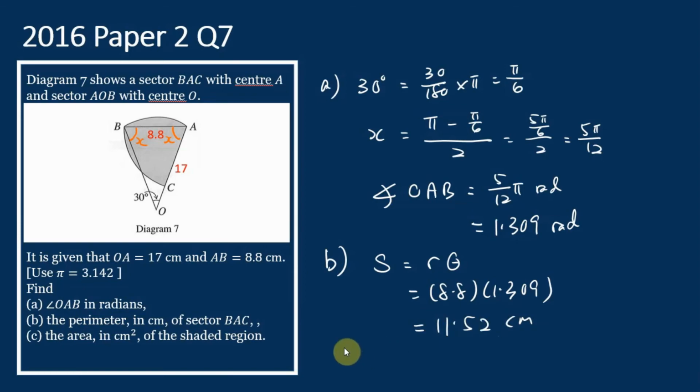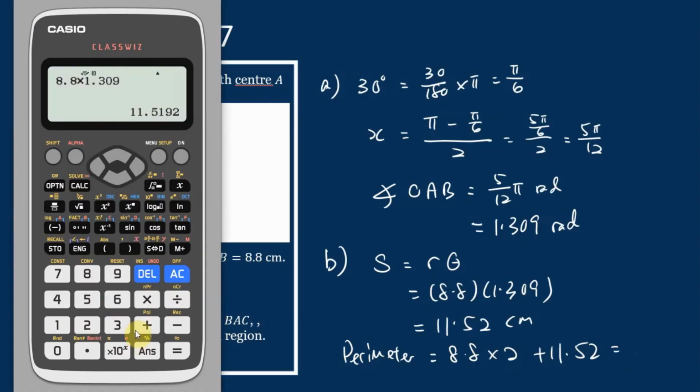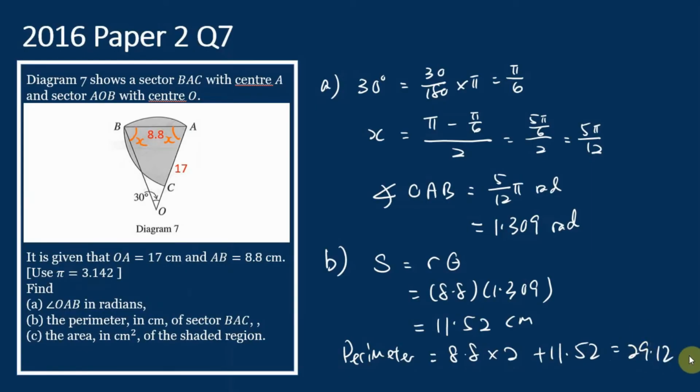Therefore the perimeter is equal to 8.8 times 2 plus 11.52, which is equal to 29.12 cm.